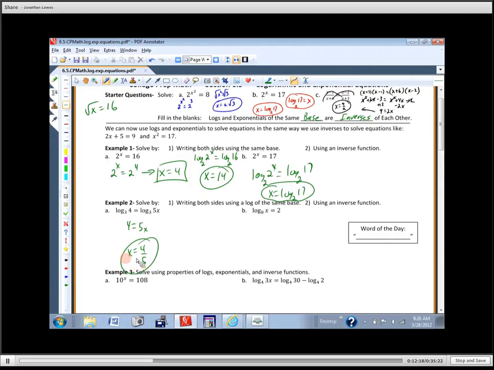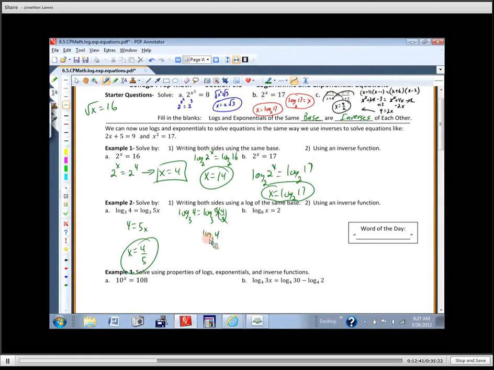So if I take this and I plug it in here, I'd have log base 3 of 4 equals log base 3 of 5 times 4/5. What happens with 5 times 4/5? Yeah, they cancel off, so this is a log base 3 of 4. This just says log base 3 of 4 equals log base 3 of 4. Isn't that true? Okay. All right, any questions?